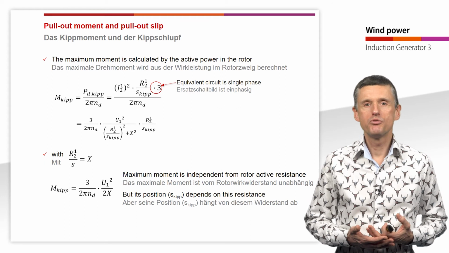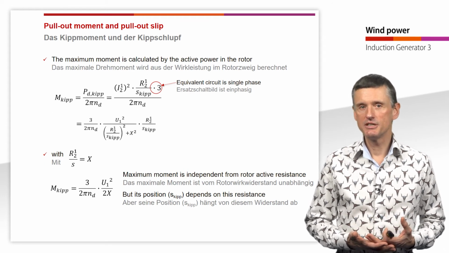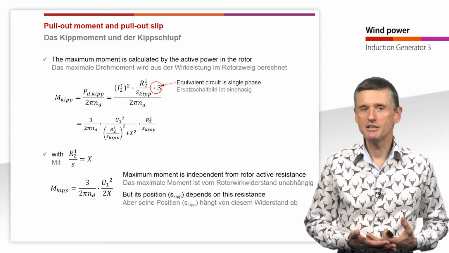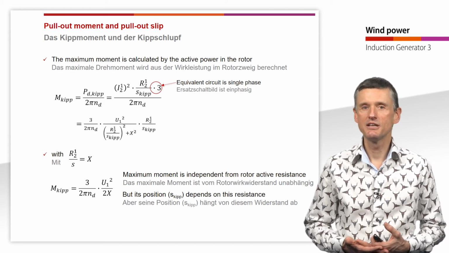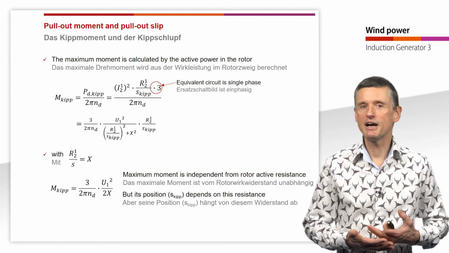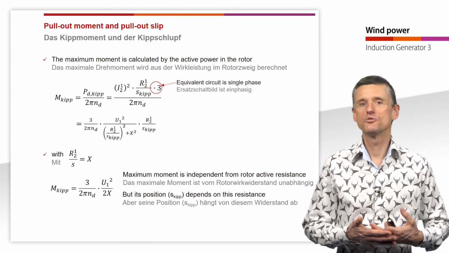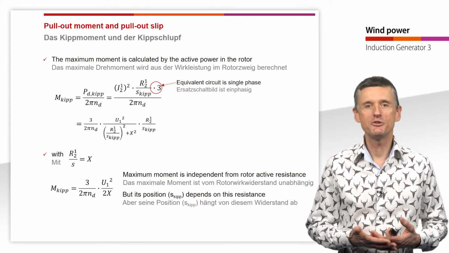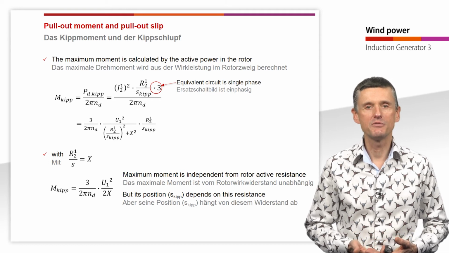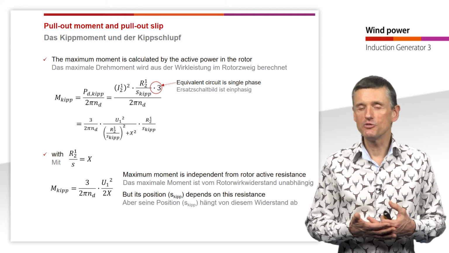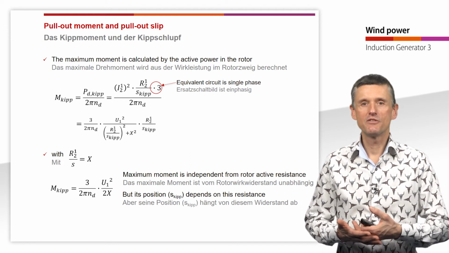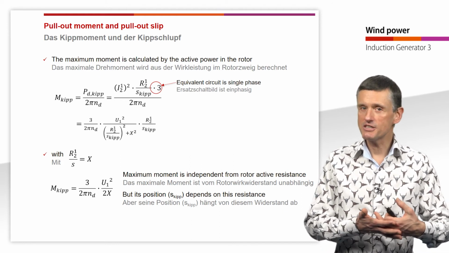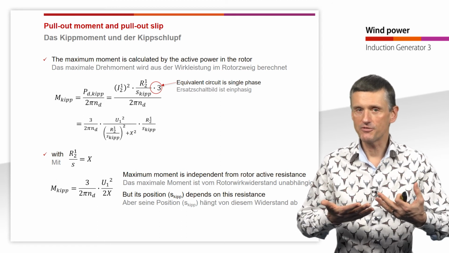And this pull-out moment is then the PD for the pull-out divided by 2π and D, which is equivalent to the I2' squared times R2' divided by the pull-out slip, and always then times this three, because we have this equivalent circuit only single phase, but in reality we have three phases.